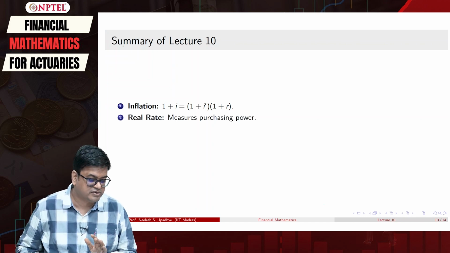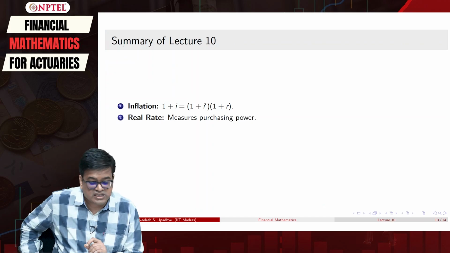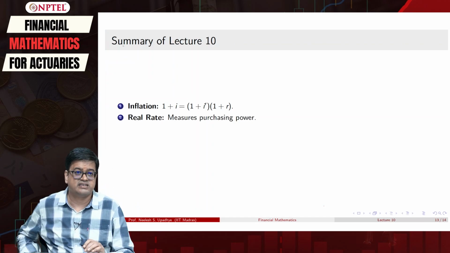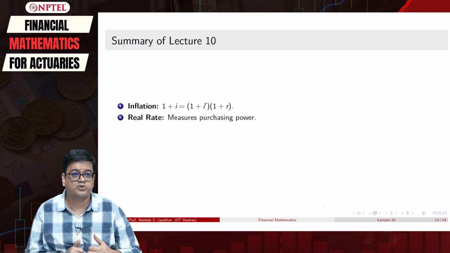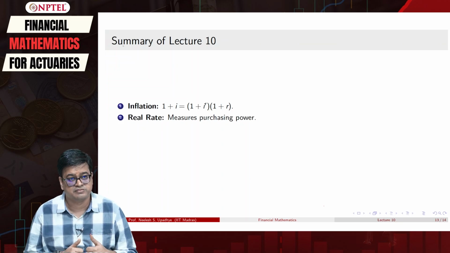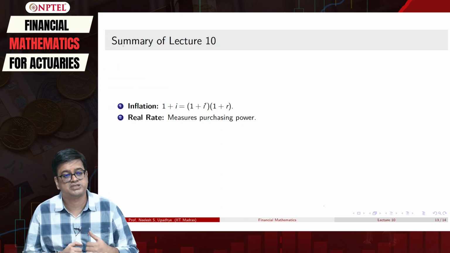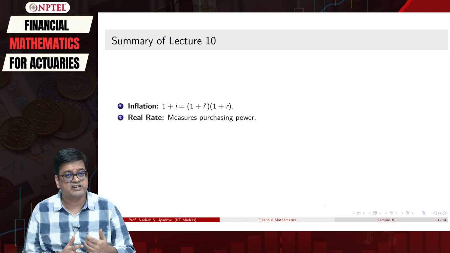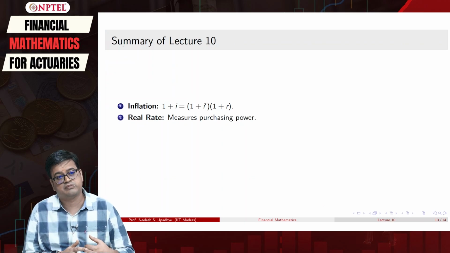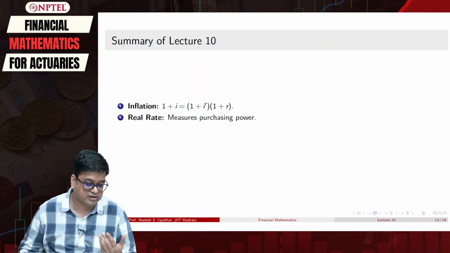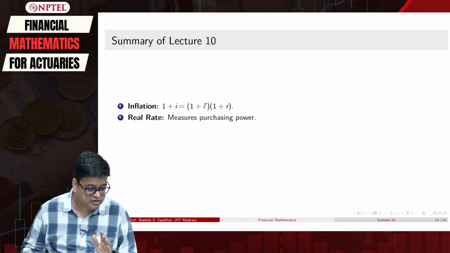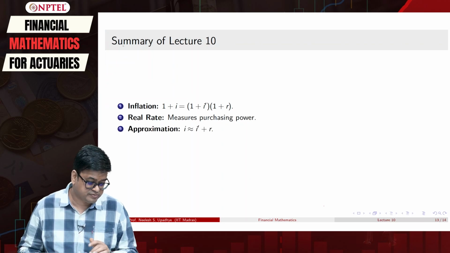So that is covered. Then what is a real interest rate? Real interest rate actually measures the growth of your purchasing power. If it is positive, your purchasing power is increasing. If it is negative, your purchasing power is decreasing. And we have shown two typical examples of each instance.